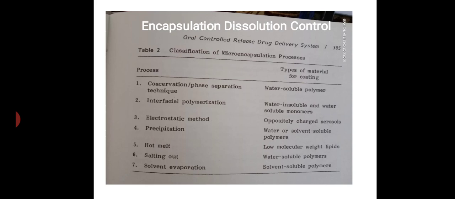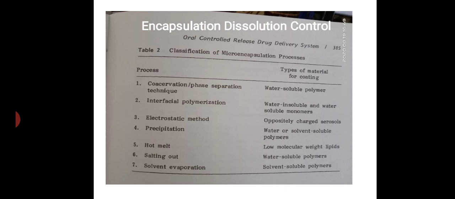That means micron sized drug molecules are incorporated inside a polymeric membrane or a reservoir system. You learned various techniques for micro encapsulation and how to perform it, but the entire outcome of micro encapsulation is the development of a reservoir system where the drug is inside.